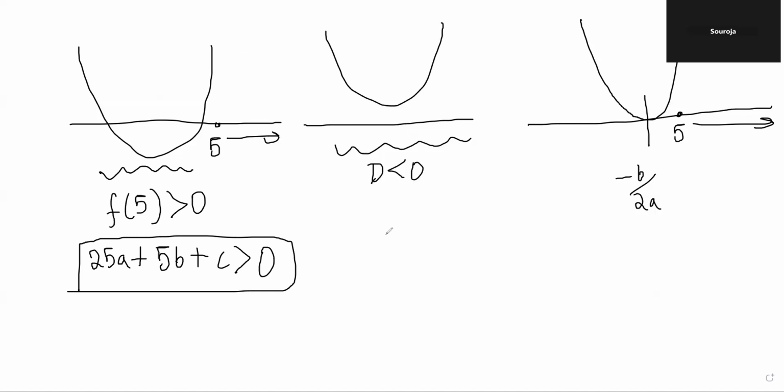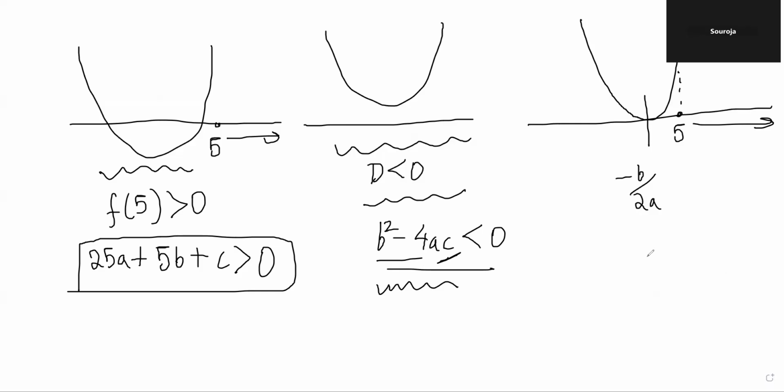Here also it is possible, but you'll have to again say b square minus 4ac is less than 0. Again, none of the options are saying anything about c and all. It doesn't look like any option is matching. So I'm honing in on this one because here we are getting minus b by 2a is less than 5.